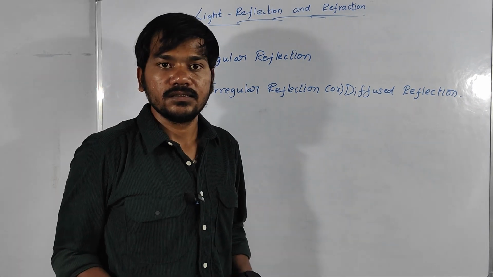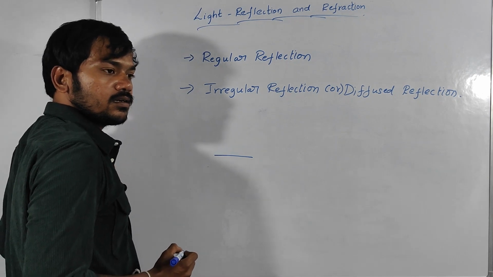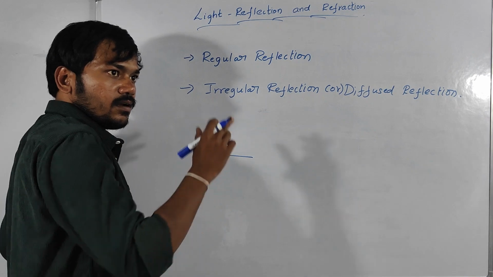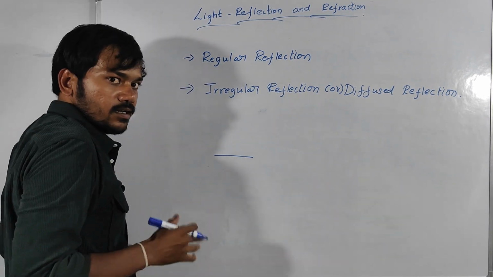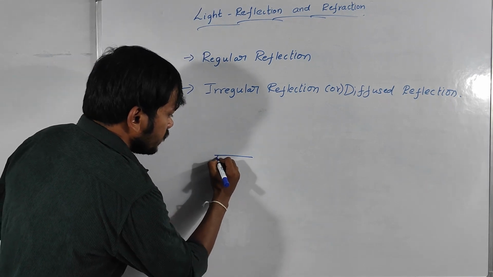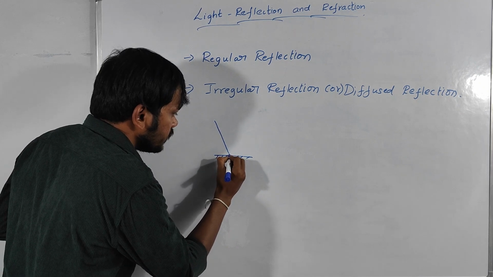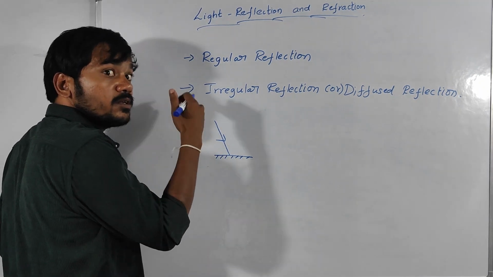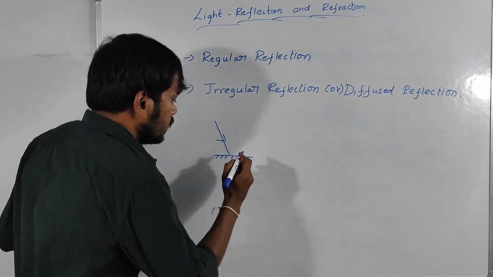Regular reflection. Let us consider a plane mirror. What is a mirror? Generally, we see images in it, sir. Exactly. To explain this, let us consider a plane mirror where a light ray is incident onto it from a source. We assume an imaginary source; it can be a bulb, sun, candle, whatever you consider.